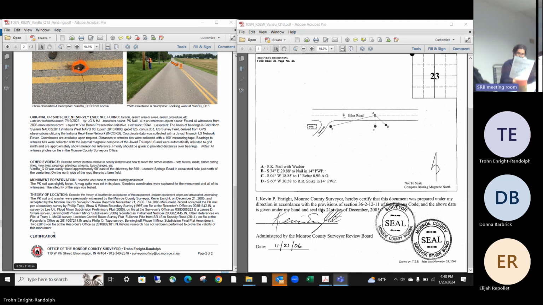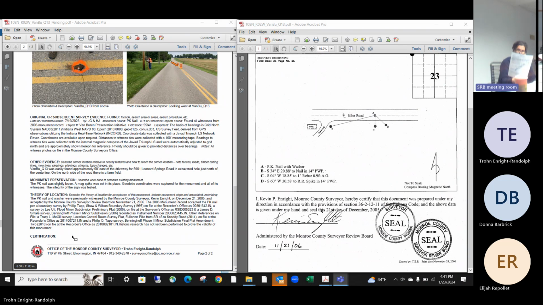A survey by Mr. Deckard's granddad witnessed the monument in 2005, and James D. Smill also referenced the monument in 2006. McGill referenced the monument in 2014, and Phil Tapp most recently referenced the monument in 2018.